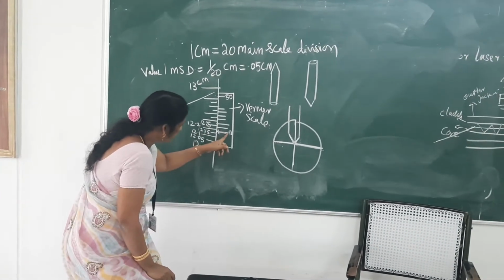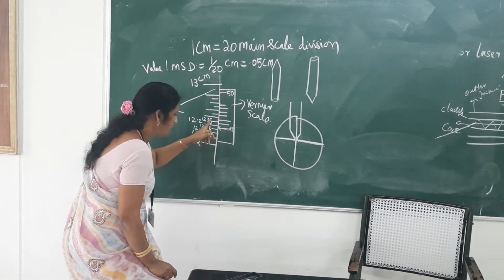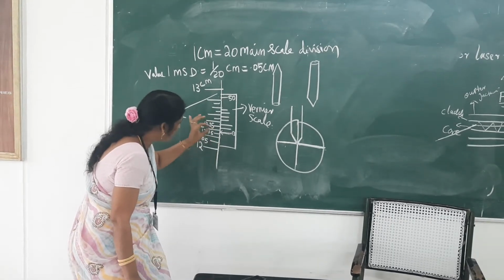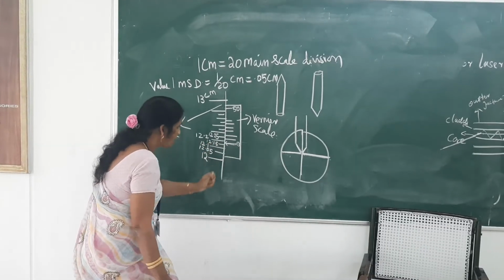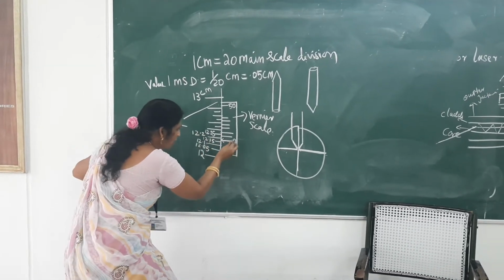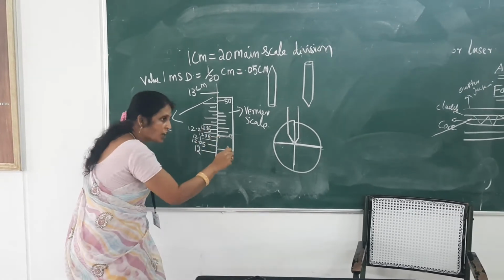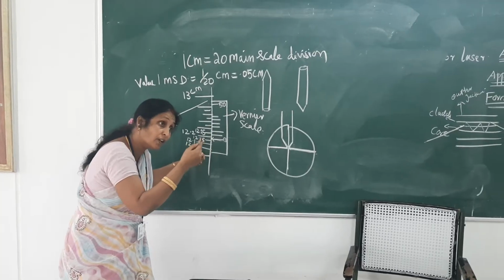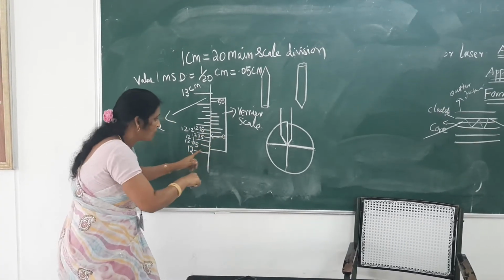So this 0 of the Vernier scale may coincide with a particular reading in the main scale or in between 2 readings. Because this is a minute calibration, very close to calibration, you have to use a lens system and note it. Now you see 0 of the Vernier scale coincides with which reading of the main scale, or lies between which 2 readings.